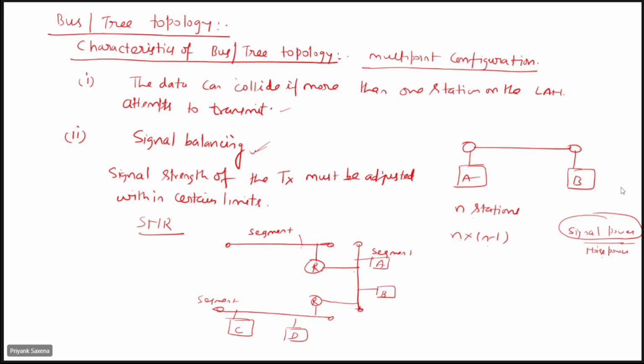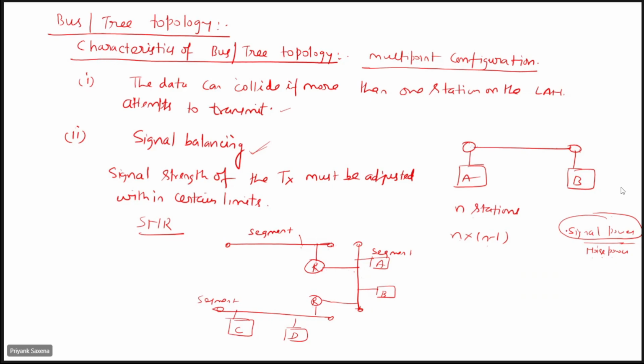What is signal balancing? When two stations exchange data over a link, the signal strength of the transmitter must be adjusted so that it remains within certain limits. For a point-to-point connection, the signal strength, as I told you about the signal to noise ratio, should be sufficiently high so that once it reaches the destination, the receiver should be able to recognize the data.